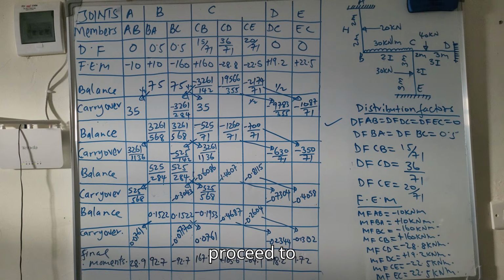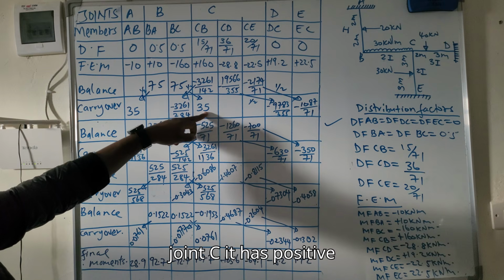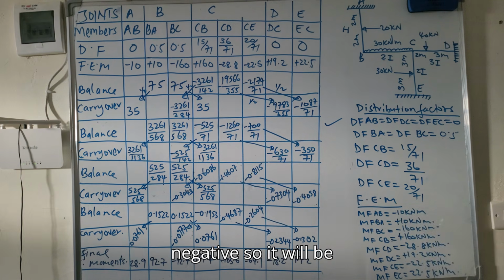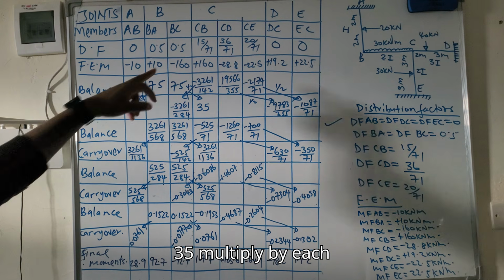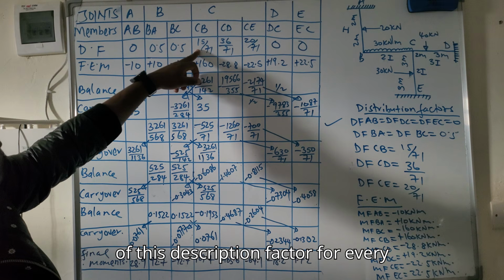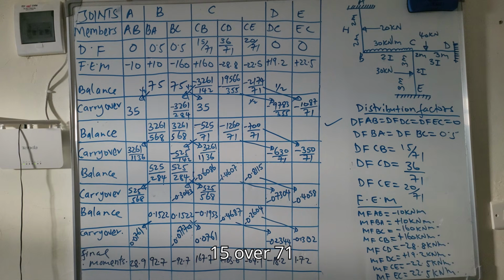We proceed to joint C. It has positive 35. So you will change this positive to negative. So it will be negative 35. So negative 35 multiplied by each of this distribution factor for every member. Negative 35 times 15 over 71, we'll get that answer.